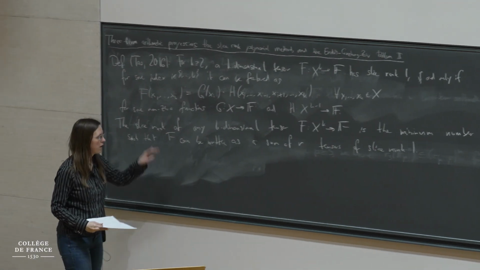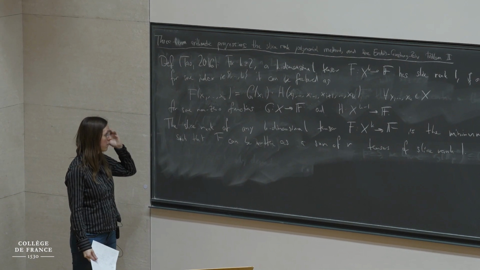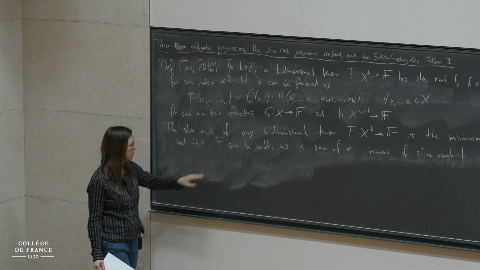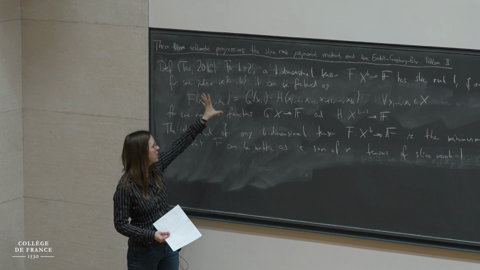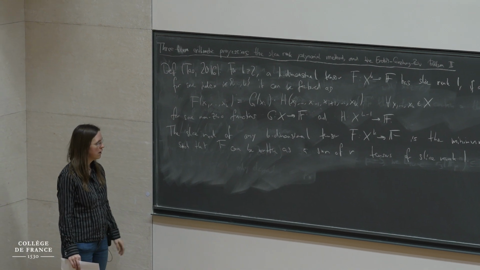So in general, we define the slice rank as the minimum number of summands we need in order to represent f as a sum of tensors which each have slice rank 1, so which each have this factorization property.